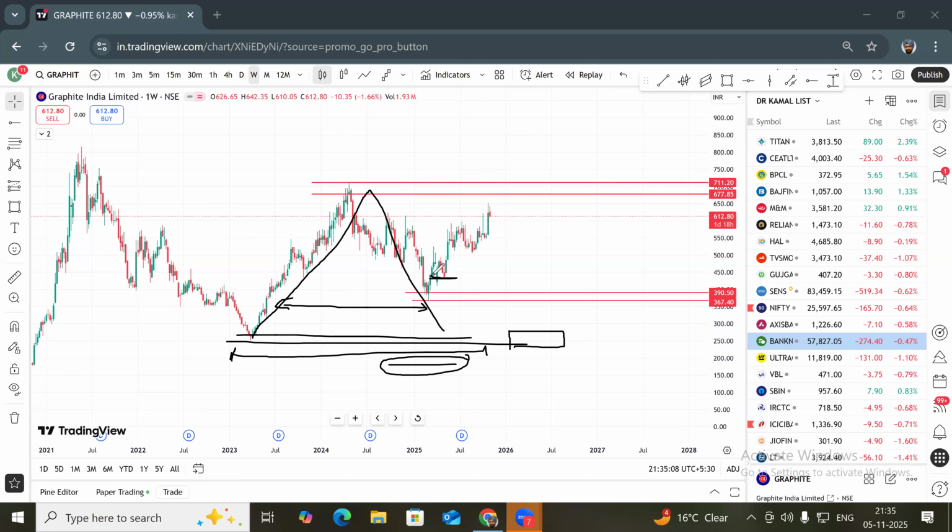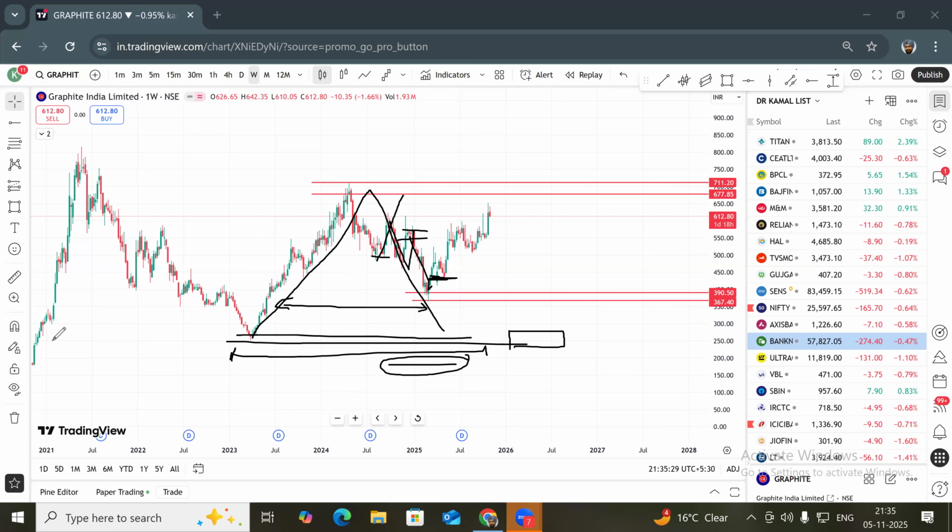It formed a base here, it came and touched here. So these are three candles, so this is a flip level. This is also a flip level. It should have gone up till here. It never respected this. It went up, came down, went up. This is again a flip resistance, came down like this. So you have to understand what a flip level is.